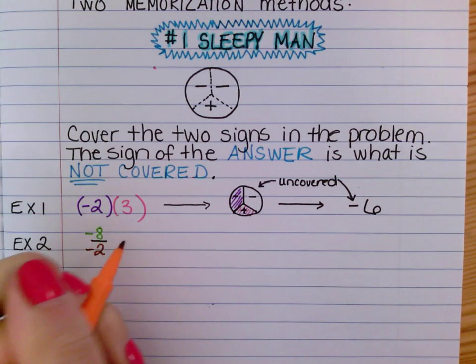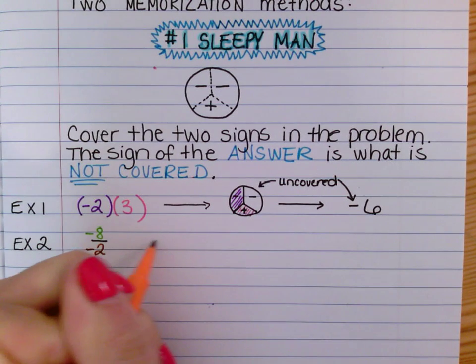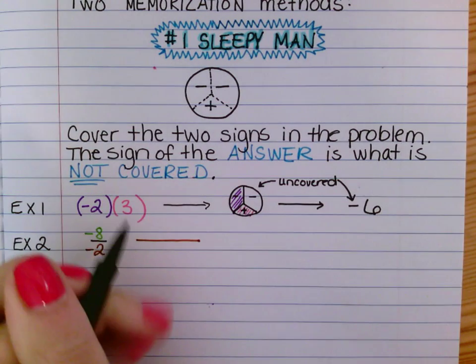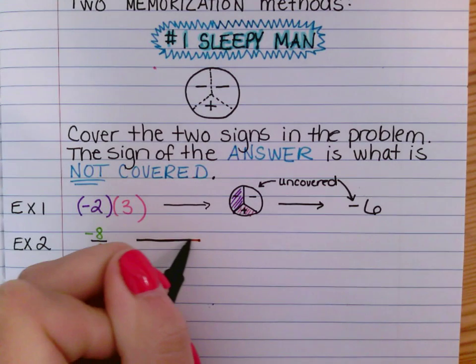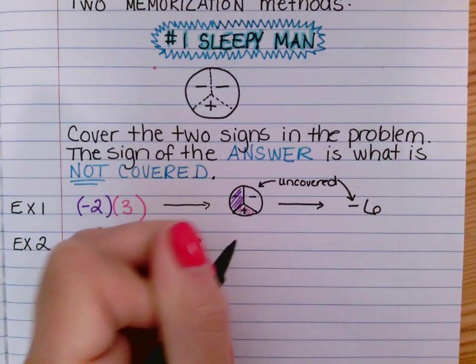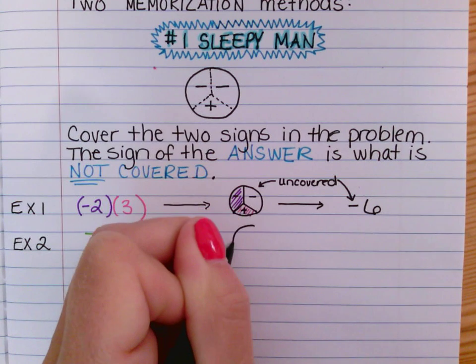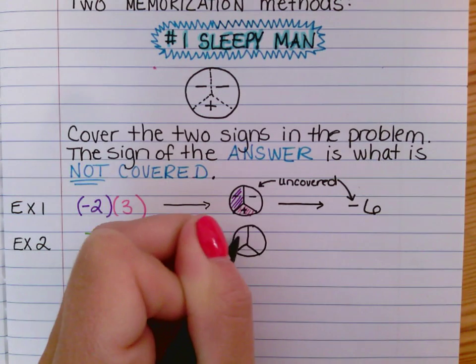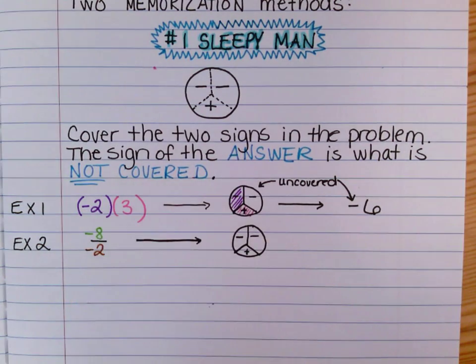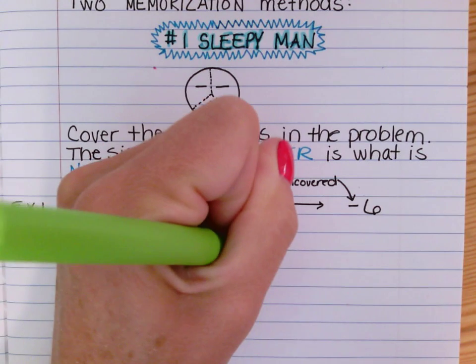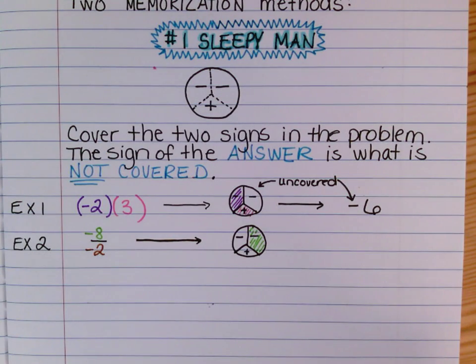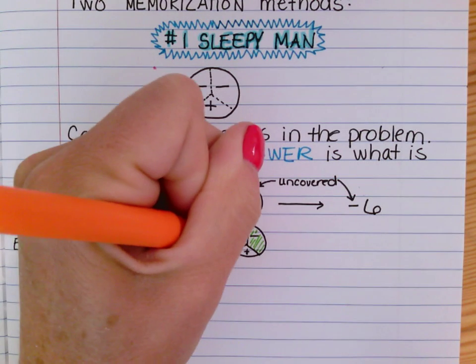Okay, let's draw a Sleepy Man, his eyes and mouth. So for the -8, we'll cover up one of the negative sections, doesn't matter which one. And for the -2, we'll cover up the other negative section.